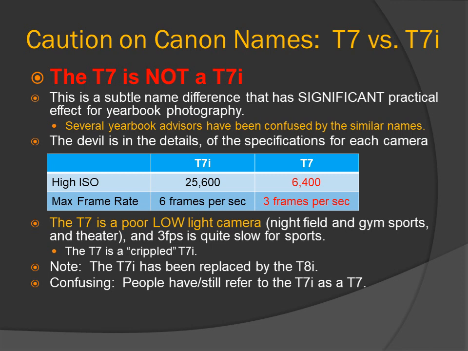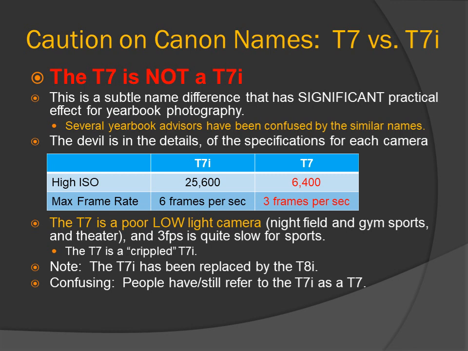And it isn't helped because when we talk about a T7i, I have always referred to the T7i as a T7. So internally, the confusion is reinforced by that particular way of speaking. The devil is in the details of the specification for each camera. As shown in this little chart of the T7i versus the T7.